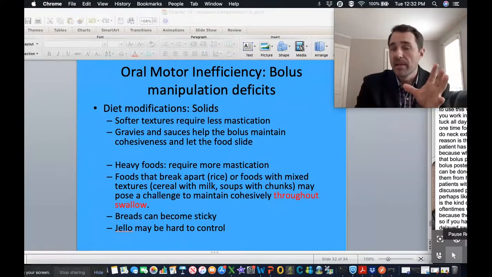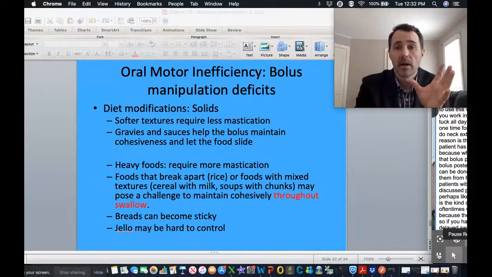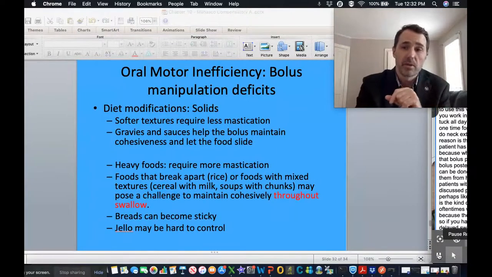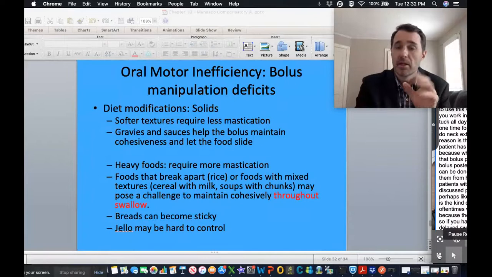That being said, I have evaluated plenty of people in the past that had no teeth, had no dentures, and were able to get through a normal consistency meal just fine. And they let me know that right up front. It's usually them saying something like, well, I have dentures, but I don't need them. I eat fine without them, and I don't like them. So they'll usually come out and tell you that.